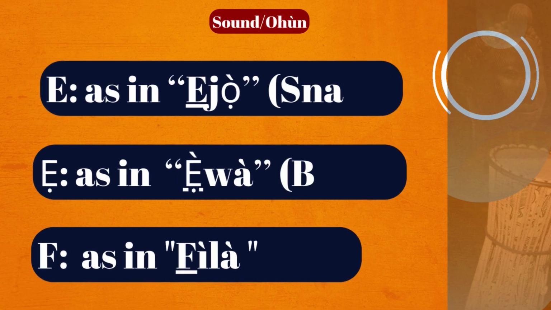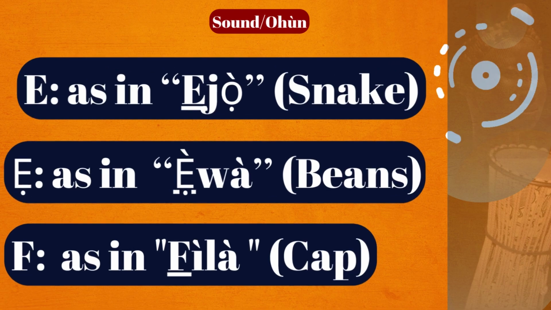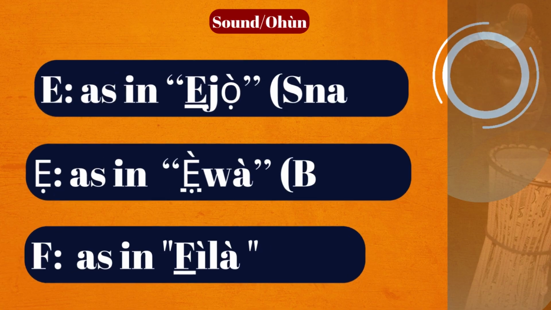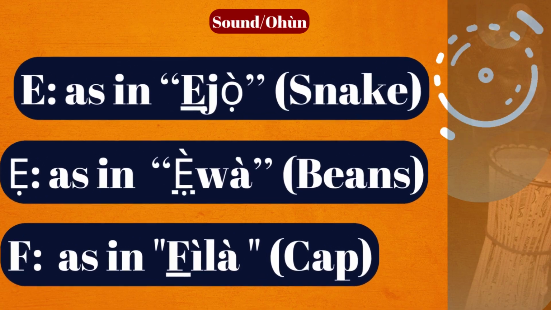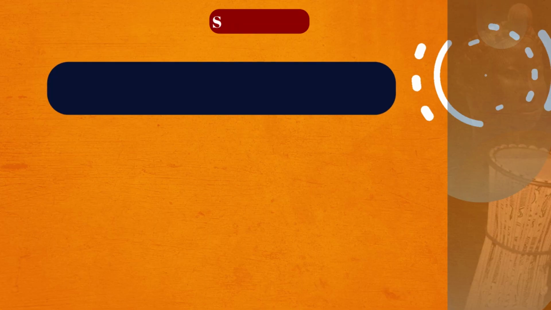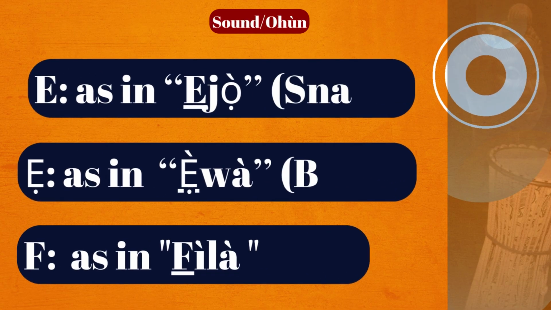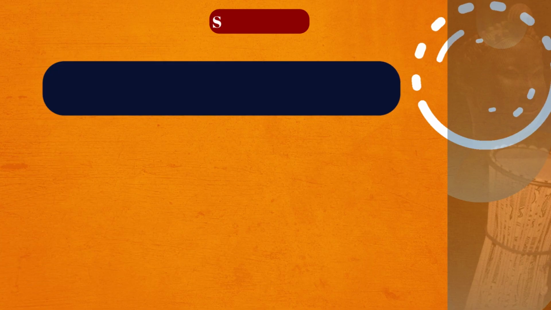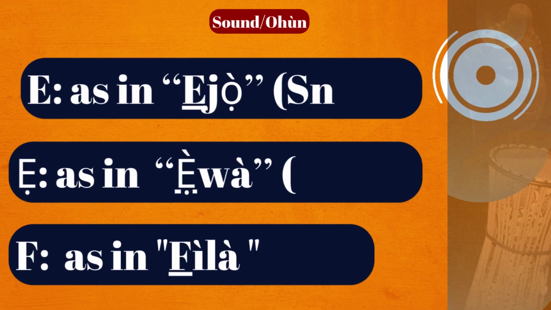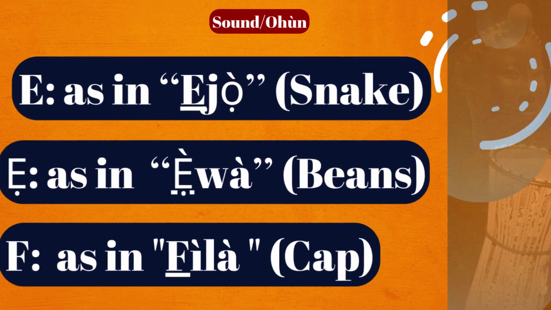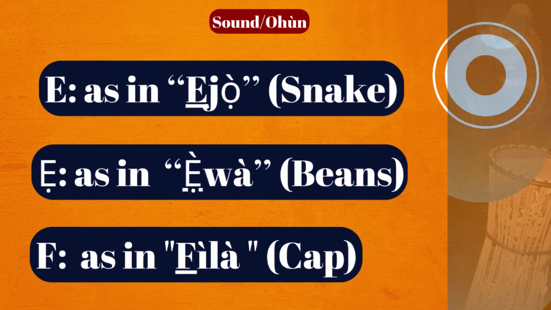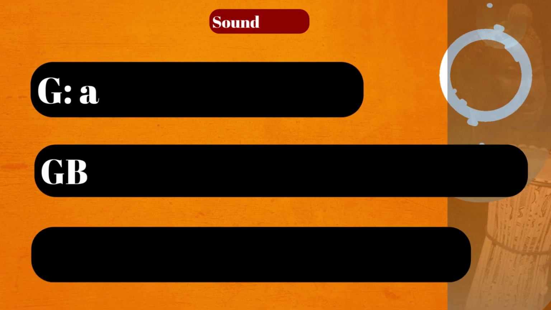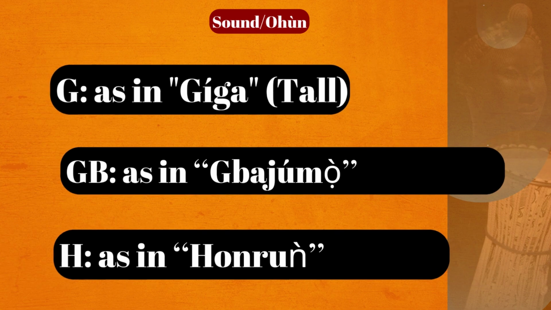E, ejò, meaning snake. E is underlined. Ewa, meaning beans. Fi, fìlà, meaning cap. Gi, gíga.